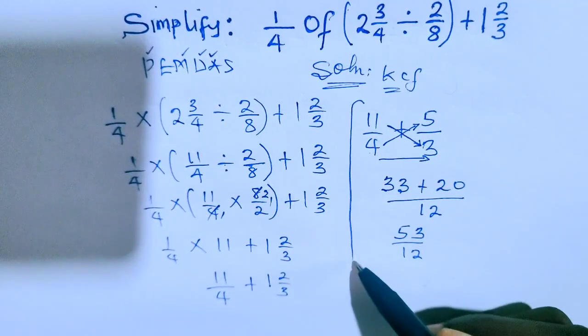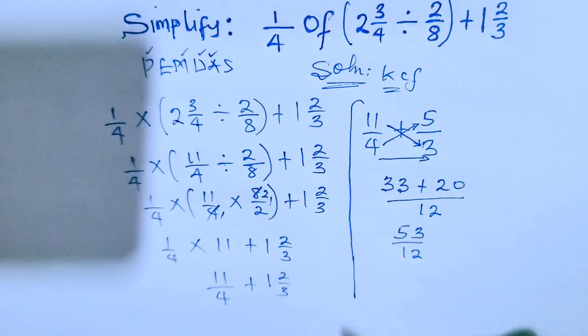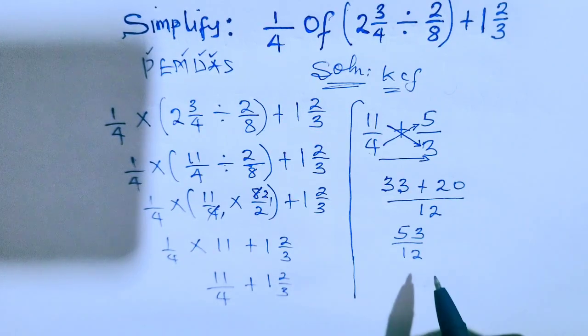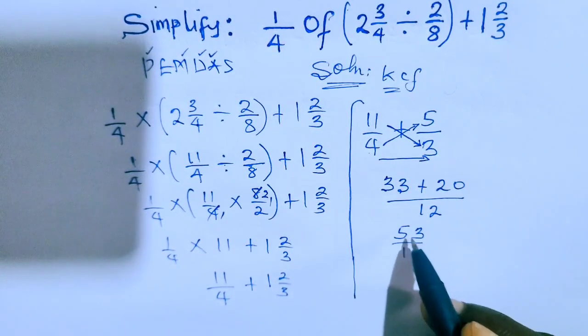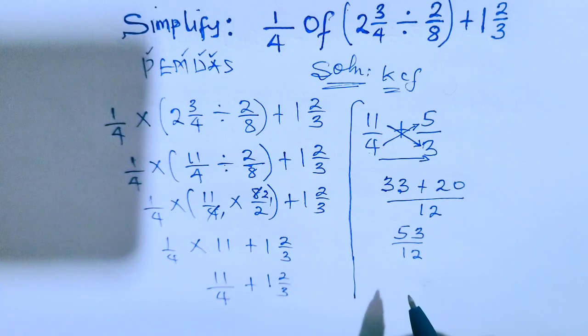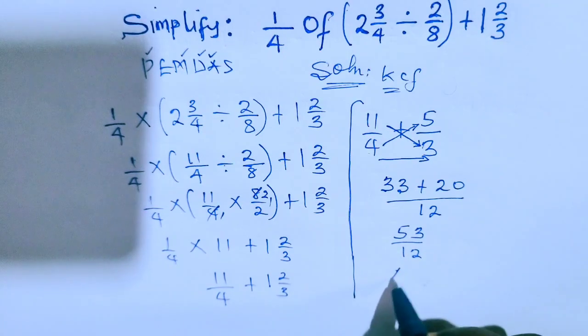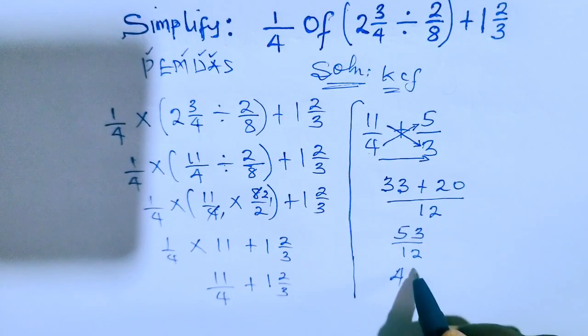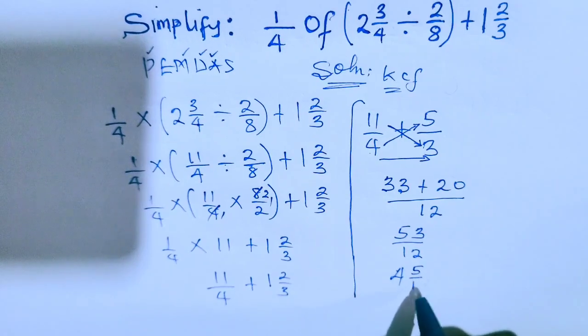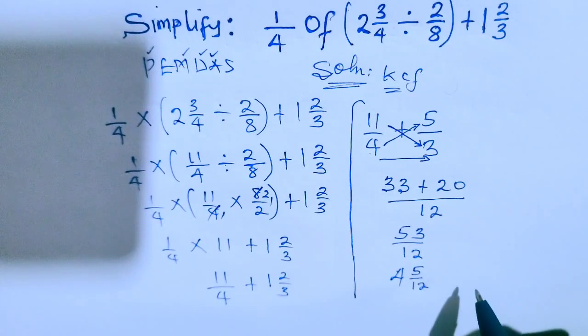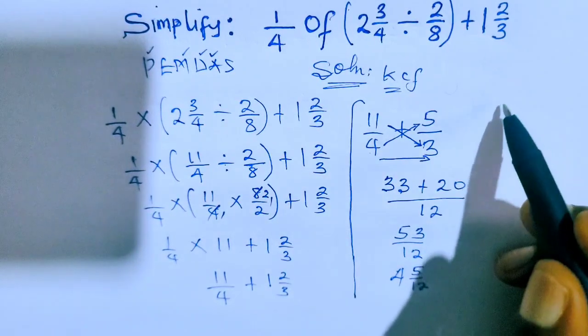Now if you break this down, or you take it to mixed fraction or decimal, we are going to have 53 divided by 12, that will give us 4 and 5 over 12 in mixed fraction.